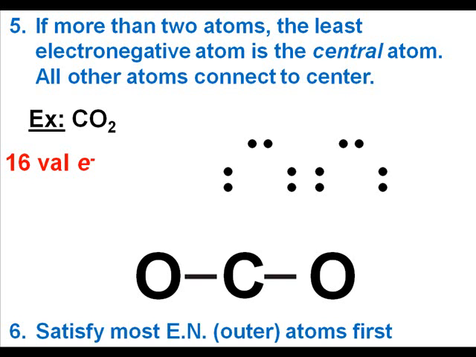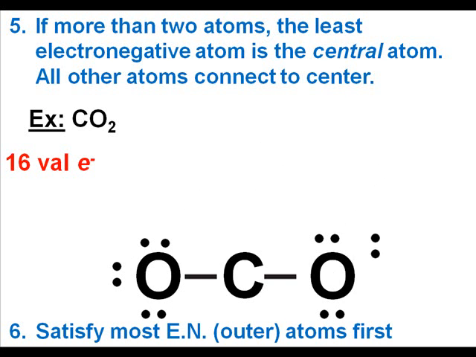So, we always work to fill the outermost atoms first. So what you do is you put a pair down below there, a pair there, and a pair there. You put a pair around that oxygen, and that oxygen. All of our valence electrons have been accounted for. That's terrific.